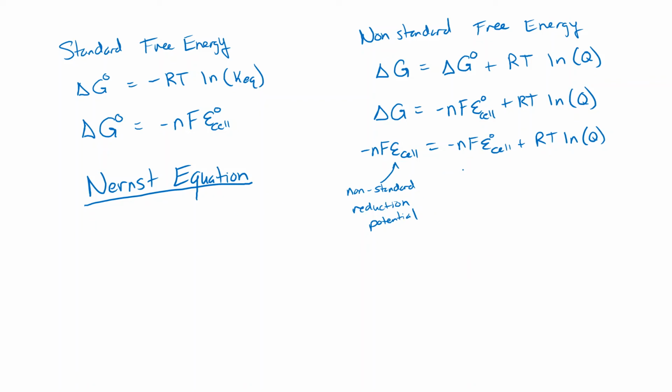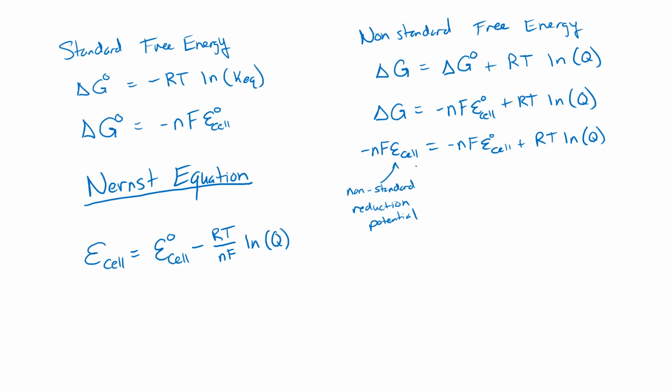What Nernst did next is he divided both sides by negative n times F. And so the Nernst equation actually tells us that the non-standard reduction potential of a cell is equal to the standard reduction potential of a cell minus RT over nF times the natural log of Q. So this is the actual Nernst equation, right?